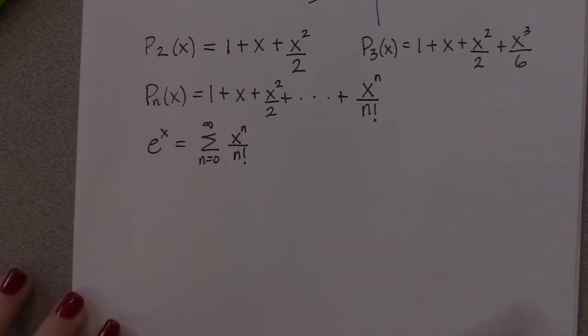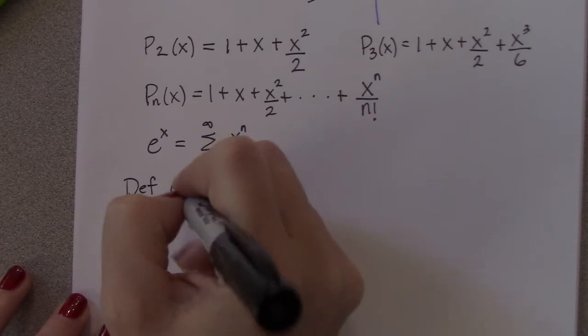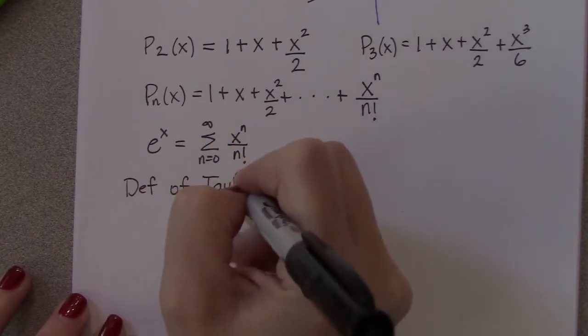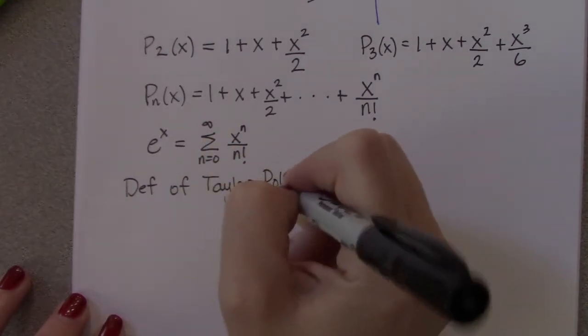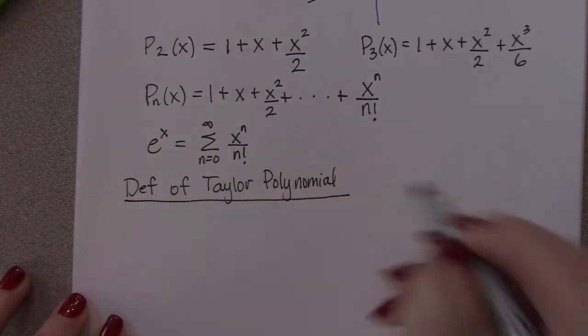So let's look at the definition of a Taylor polynomial, and you'll see why that coefficient comes up.